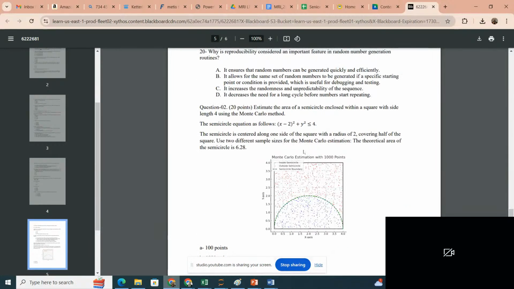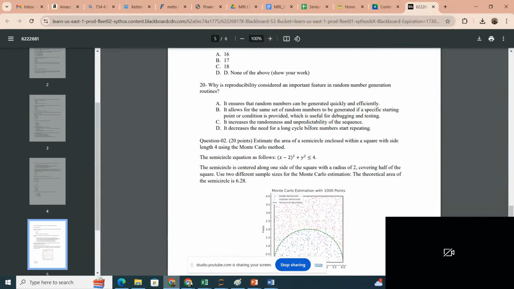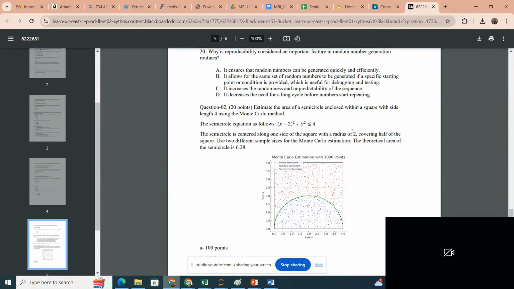Now we're starting with the first essay question, which counts for 20%, while all the multiple choice count for 60%, where each multiple choice is 3 points. So we have given information that we have a rectangle, and we want to calculate basically the semicircle which is enclosed within this rectangle.